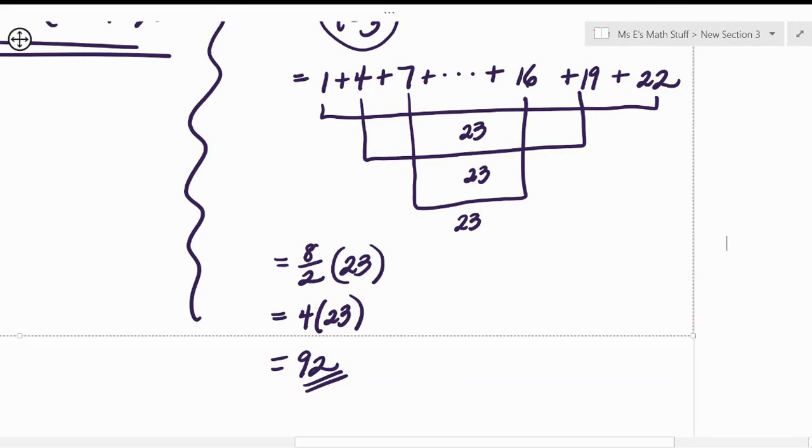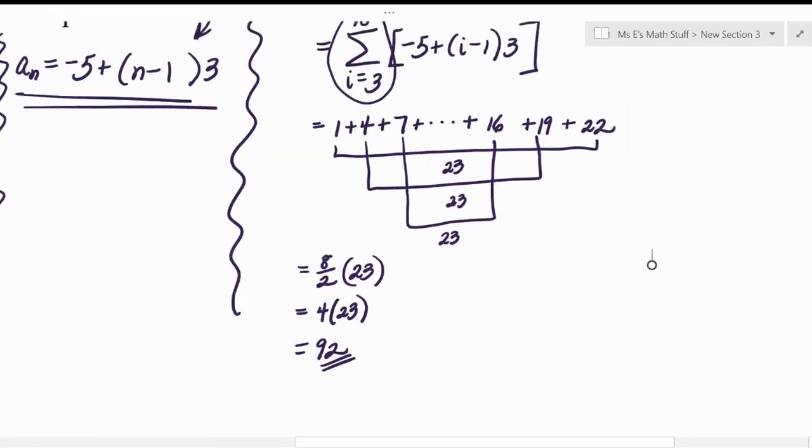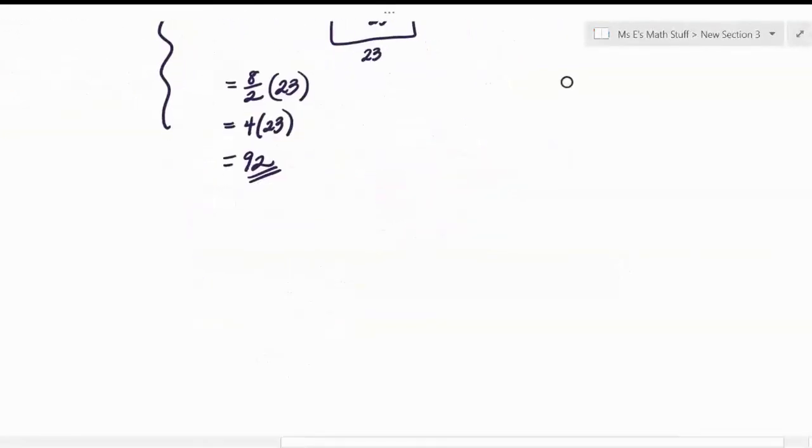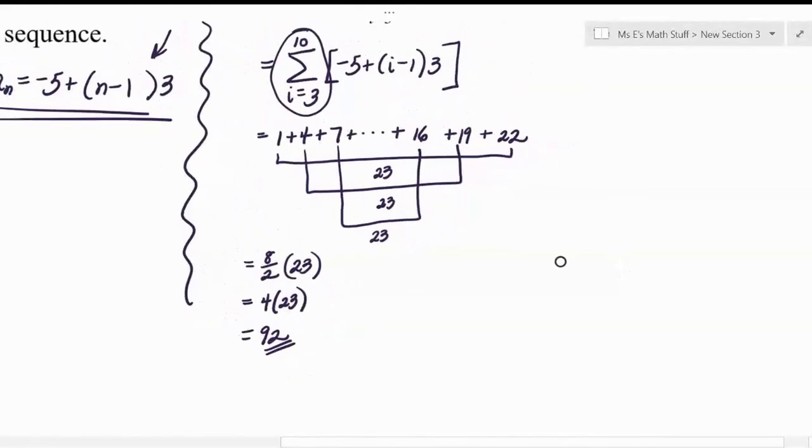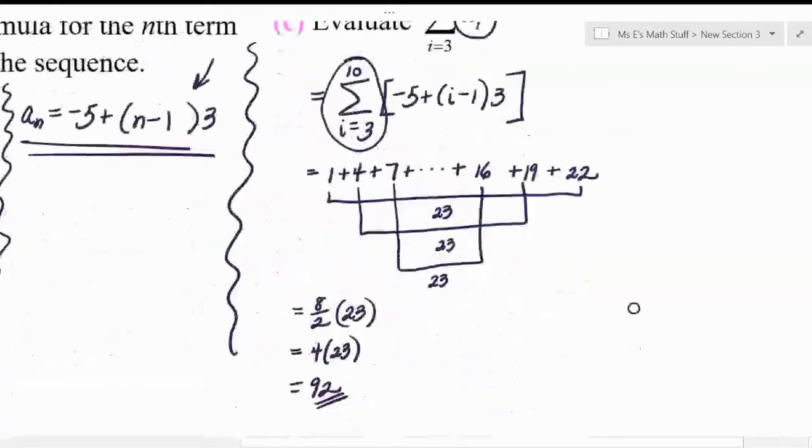Now notice I did not use that pretty formula that I put in the bubble, but had we used the formula we put in the bubble, I claim that a lot of the work that I just did, you would have had to do anyway. I guess maybe it would have been a little easier: the sum of the first, and since we're going from 3 to 10, you had 8 terms.